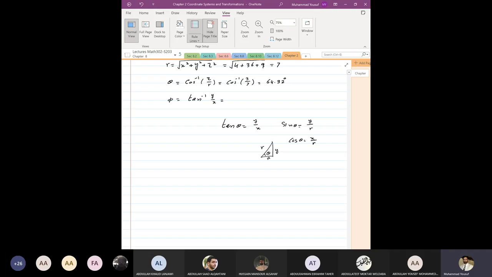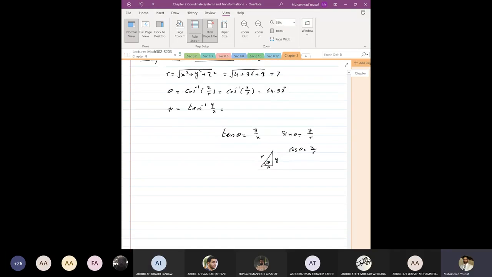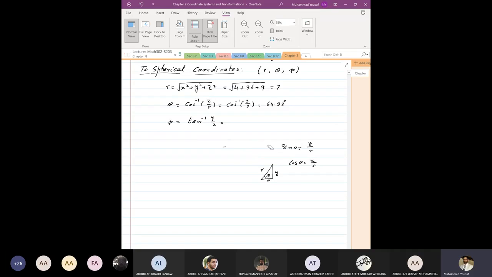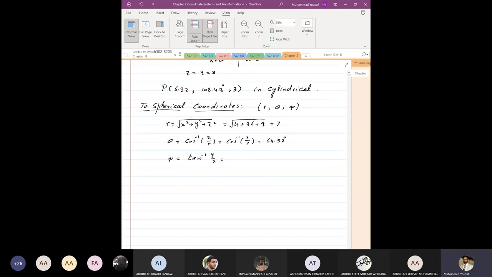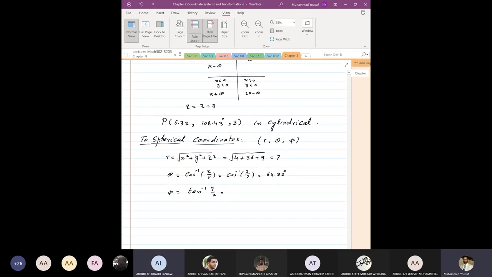You remember? So here r will always be positive. It depends on the sign of x only, and here, in this situation, the sign of z only. Now tan inverse y over x, this is something we got before.